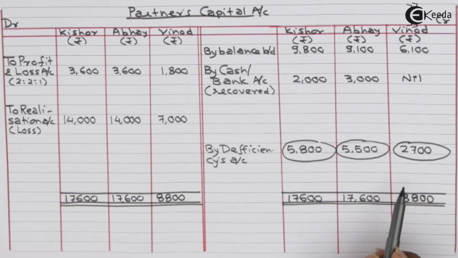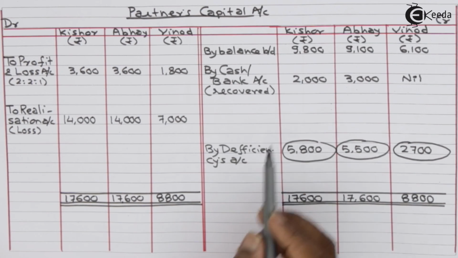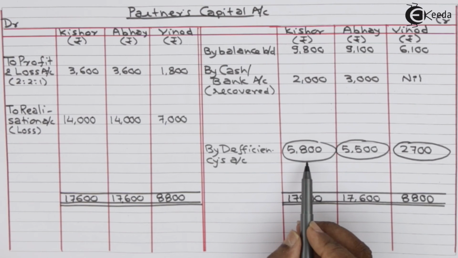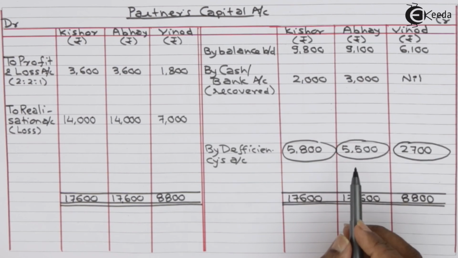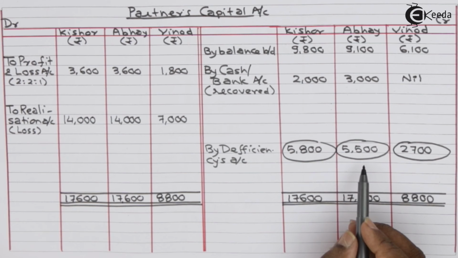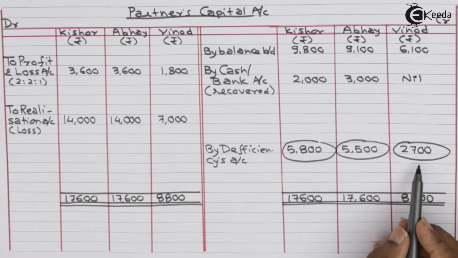These balances will be transferred to deficiencies account. Kishore 5,800, Abhay 5,500, Vinod 2,700.